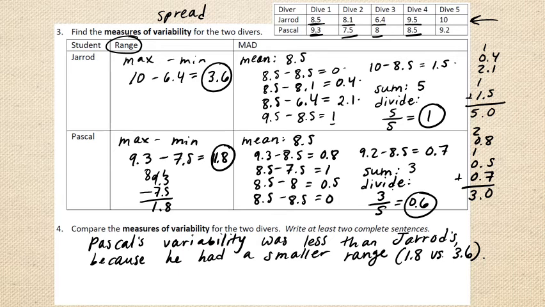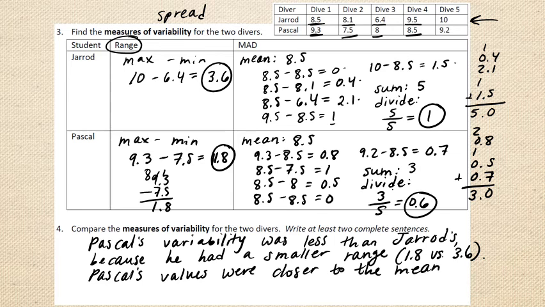Another way to think about the variability, though, would be to compare the MAD. So I could also say Pascal's dives, or values, were closer to the mean. This might make me think that he's a more consistent diver because his values averaged only 6/10 away from the mean versus Jared's values averaged a full point away from the mean.